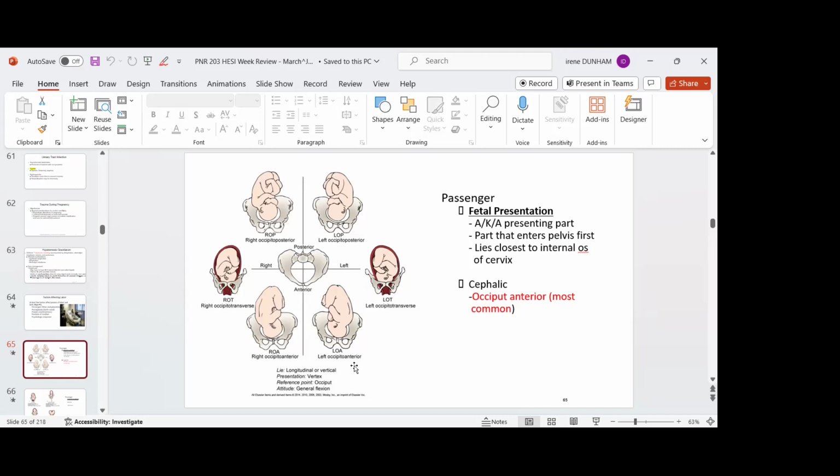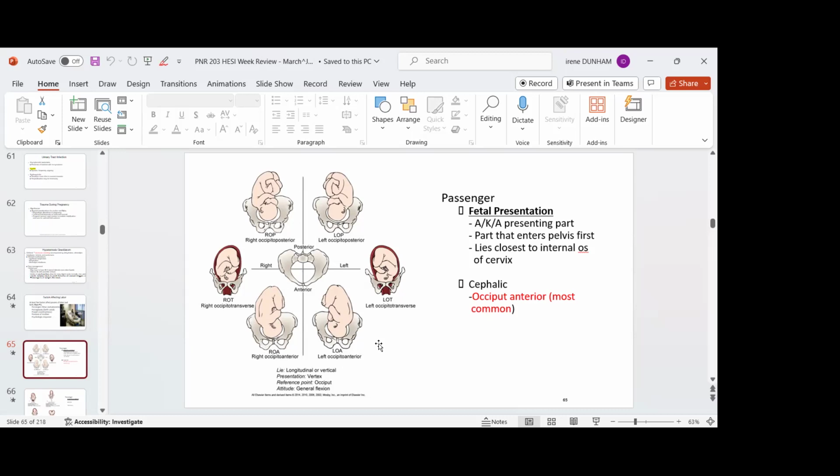And so here, you can see where the back of this baby's head is facing mom's front. So that baby would be in occipital anterior. And since it's laying to mom's left side, it would be left. And then here, same thing, occipital anterior, the back of the baby's head is to mom's front. You can see this is a more favorable way to have a baby, occipital anterior.